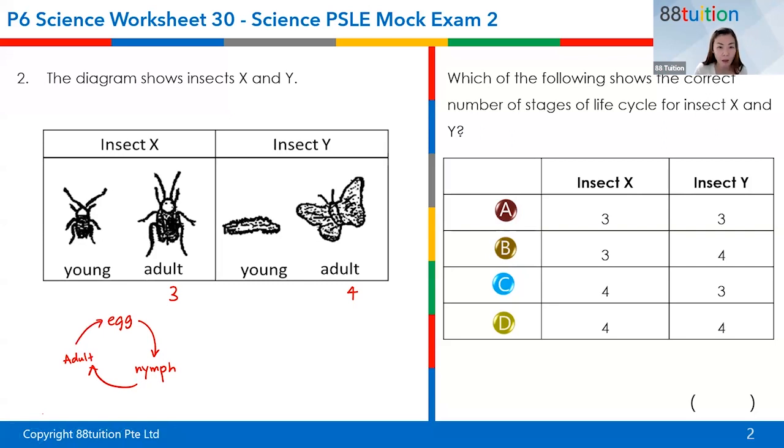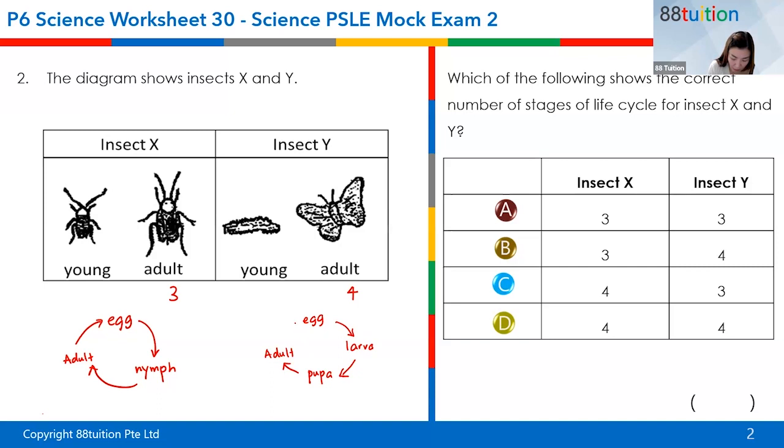What about the insect, the moth or the butterfly? Yeah, Hannah, good. I'm going to say that later. So someone tell me for the butterfly, the moth. Okay, so we start off with egg and then adult, right?